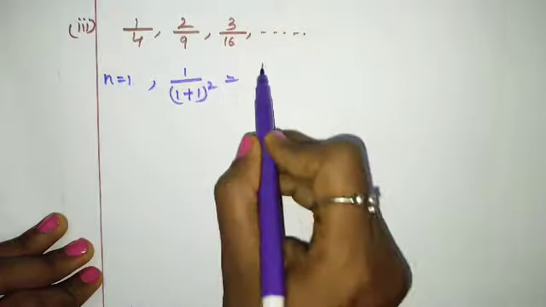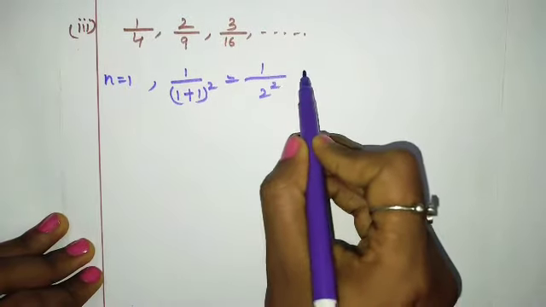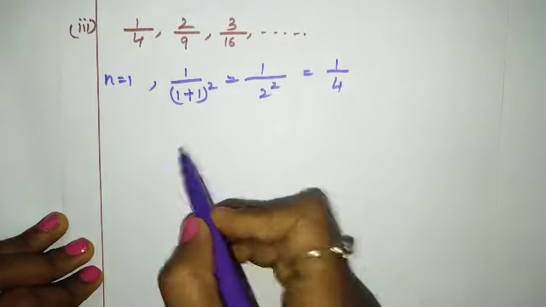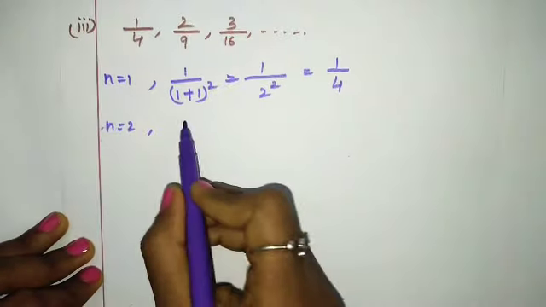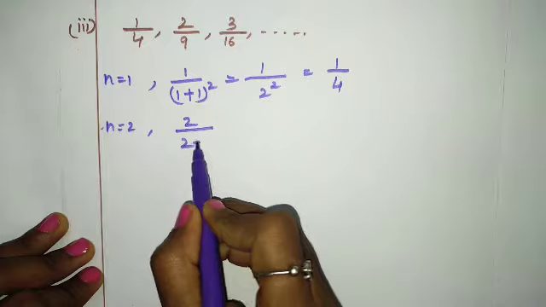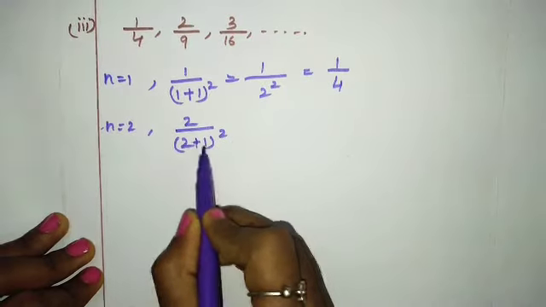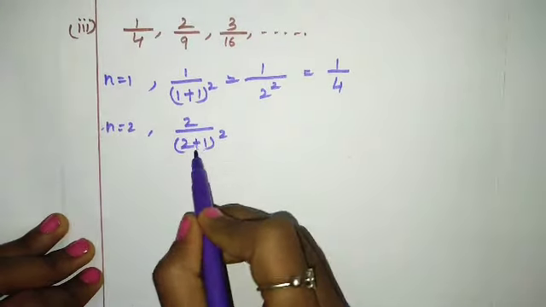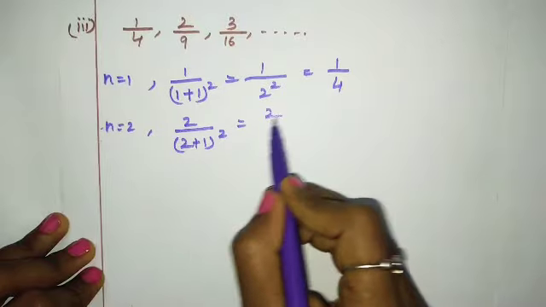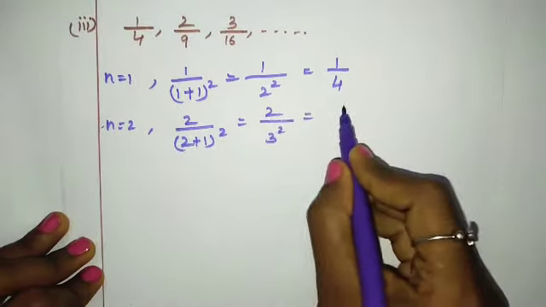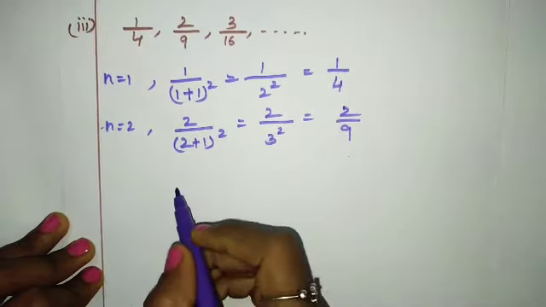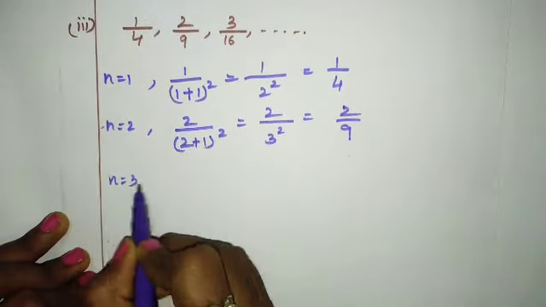That is 1 divided by 2 square, that is 1 by 4. Correct. Now if I take n as 2, so 2 divided by 2 plus 1 whole square. 2 plus 1 is 3, 3 square is 9. Correct.